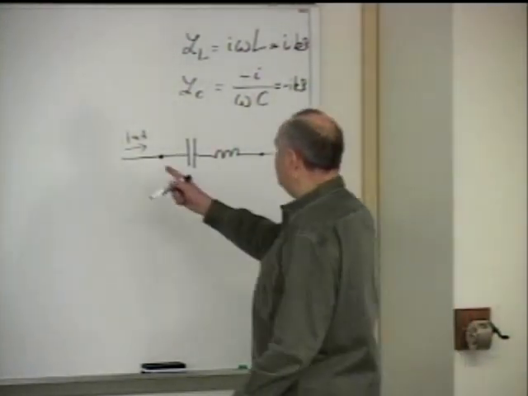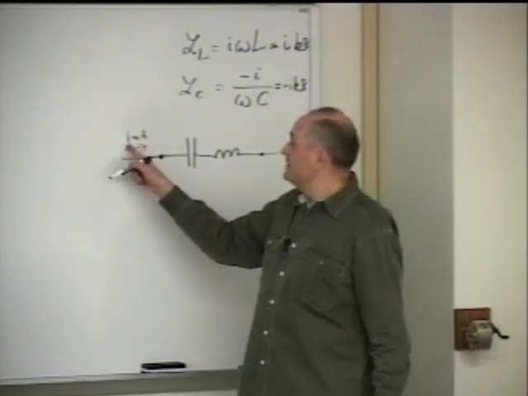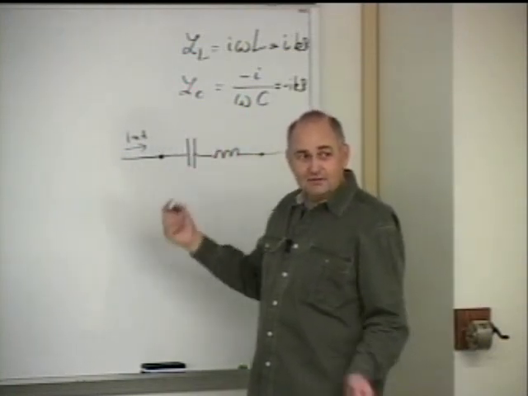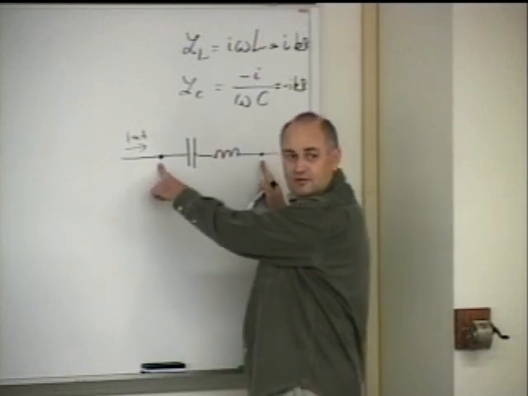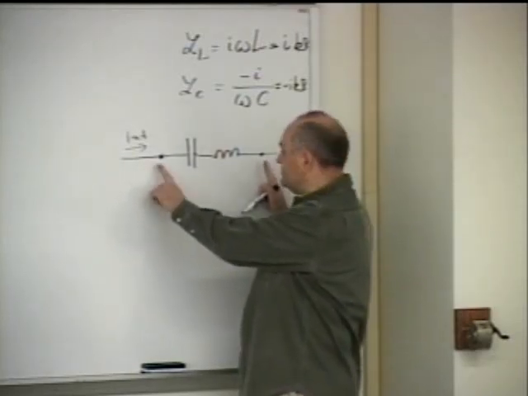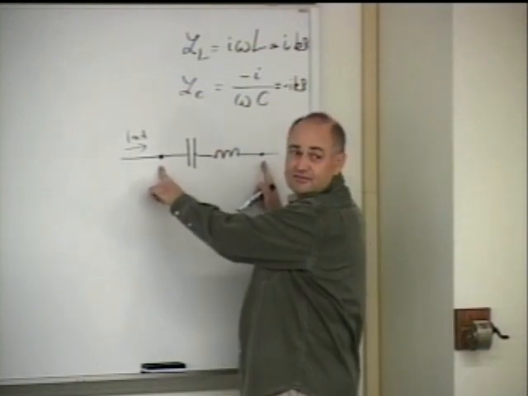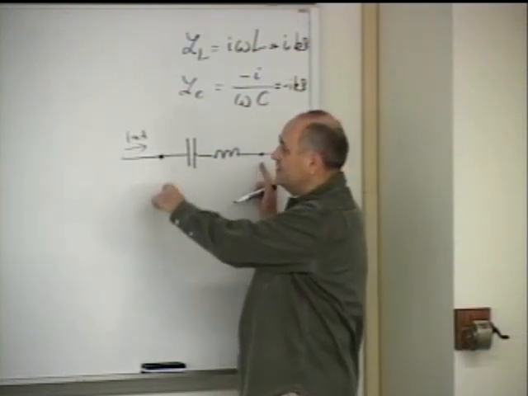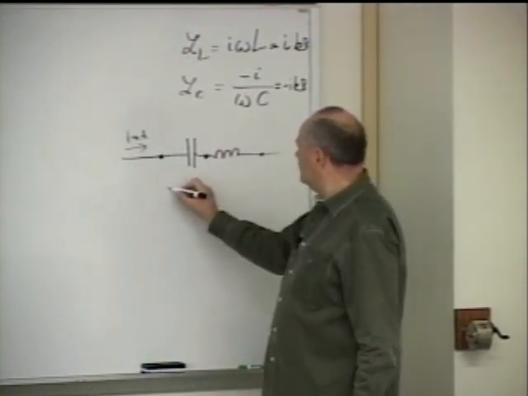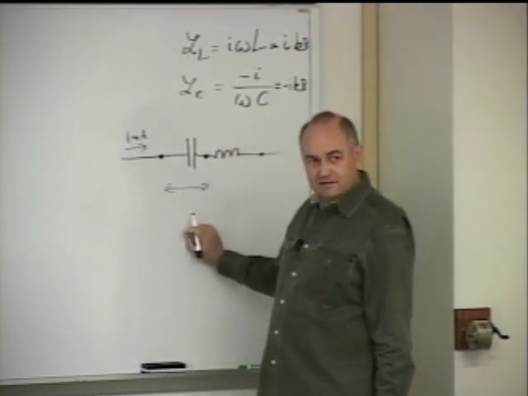Yeah, because I multiply current by impedance, which is 0. It gives me voltage across the system. So the root mean square value of the voltage across the system is going to be 0, even though current flows.